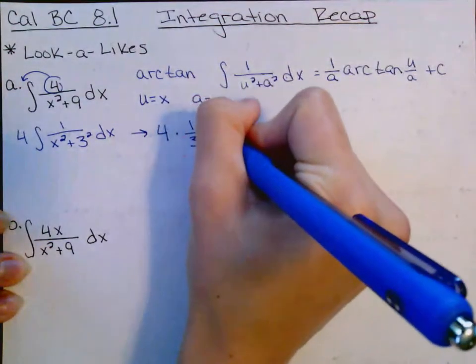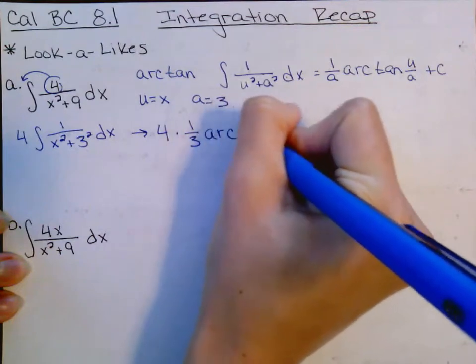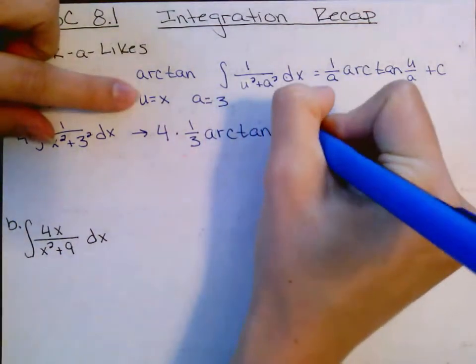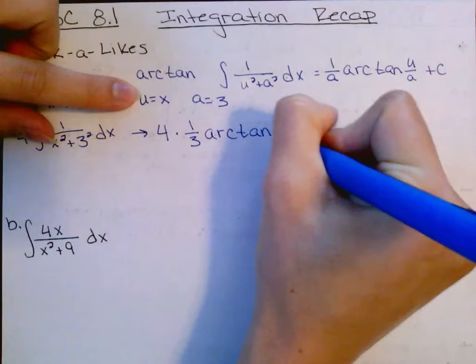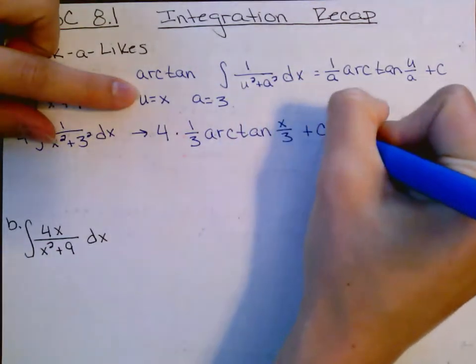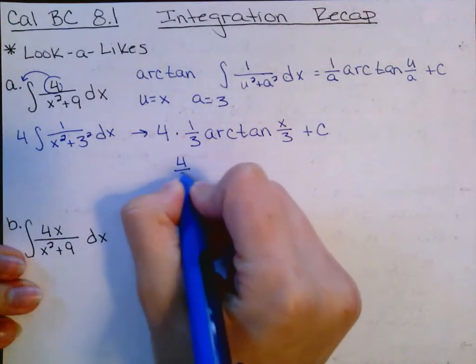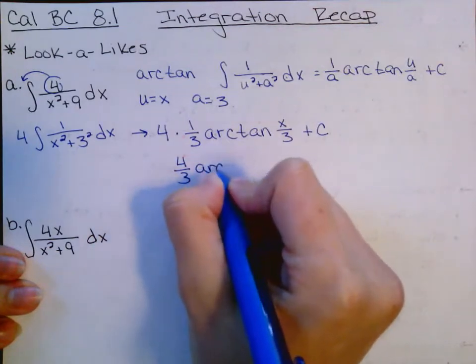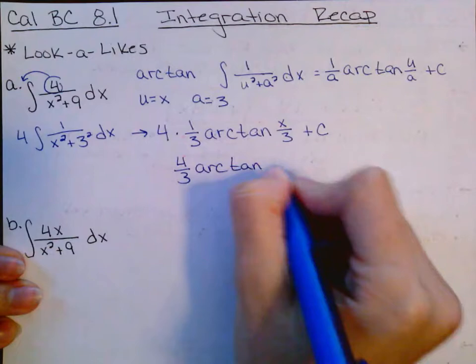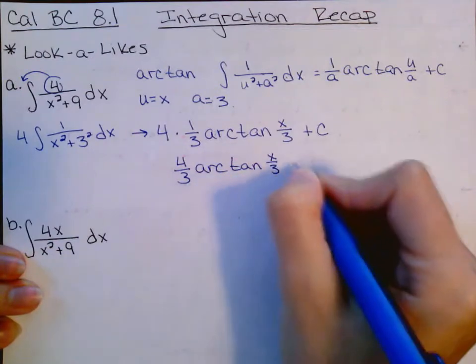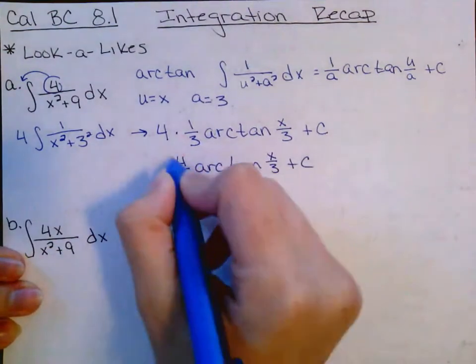So now here I have arctan of u, which is x, over a, which is 3, and then plus c. So just clean this up a little bit. We'll say 4 over 3 arctan of x over 3, or 1/3 x, plus c, and we are done with this one.